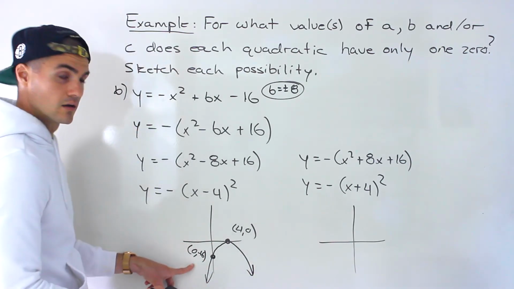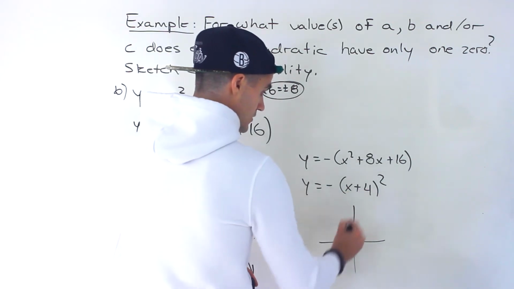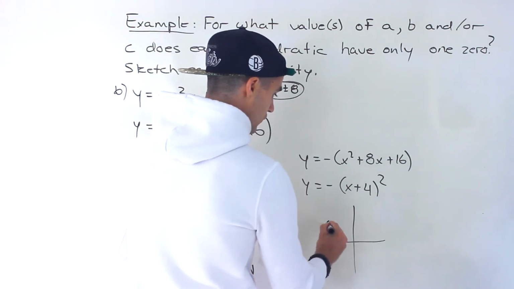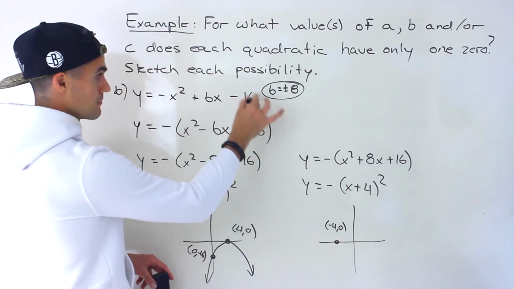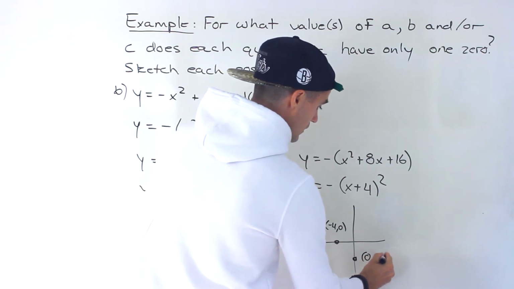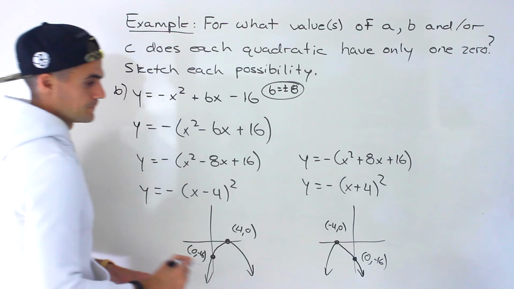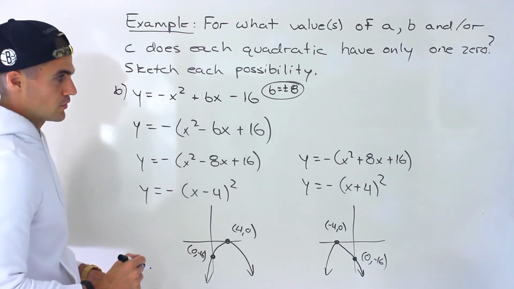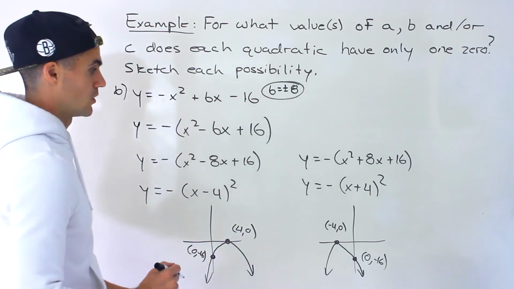This quadratic looks like that. This quadratic here is going to have a vertex at negative 4 and 0, and it's still going to have that same c value, so it's going to go through 0 and negative 16, like that. So those are the two possibilities. This b value can either be plus or minus 8.